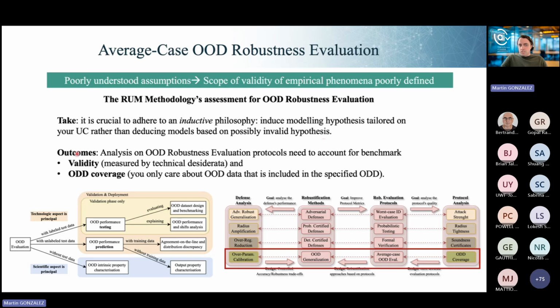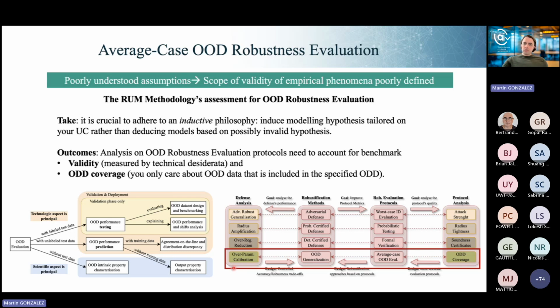So you have two outcomes in this kind of analysis: validity, measured by technical desiderata that I don't want to enter into here, but also ODD coverage, meaning that you only care about out-of-distribution data that is included in the specified operational design domain of your AI component. This brings us to the last brick of the methodological framework that we proposed with the RUM methodology.